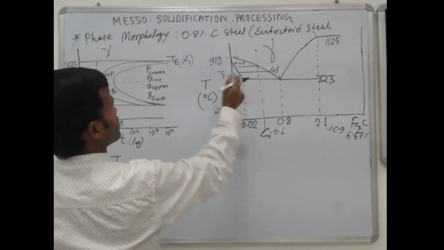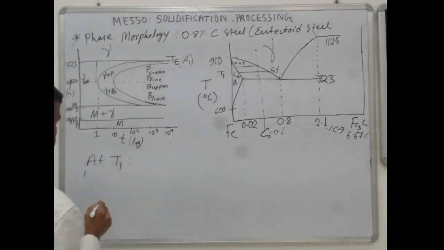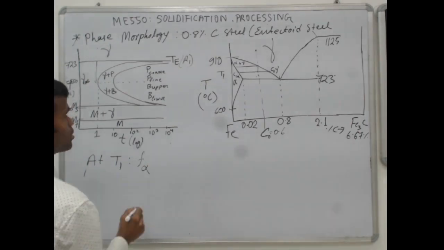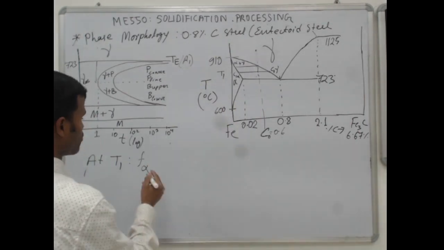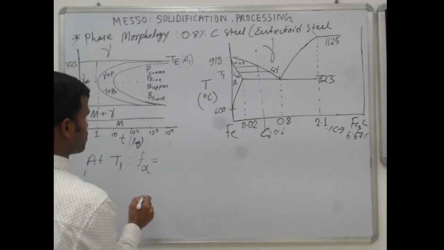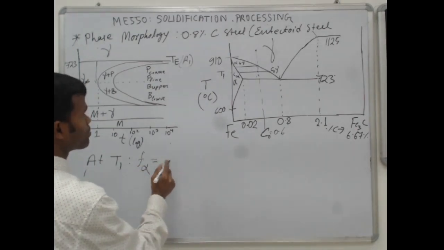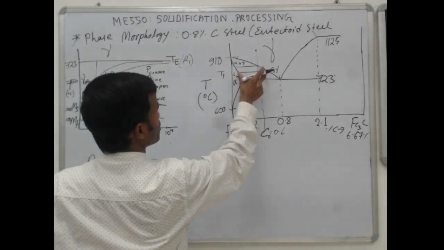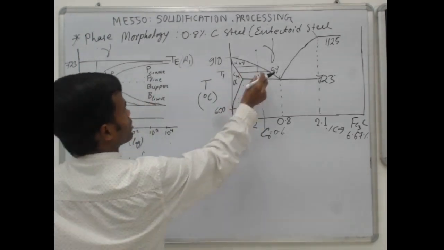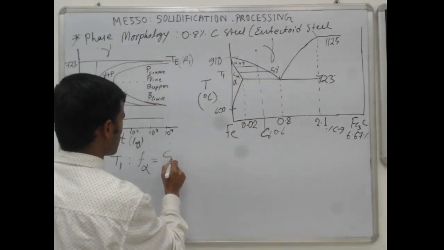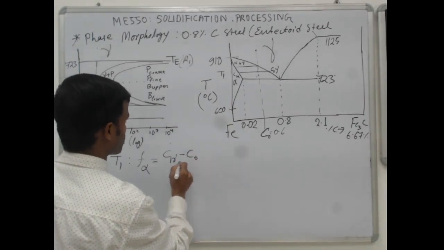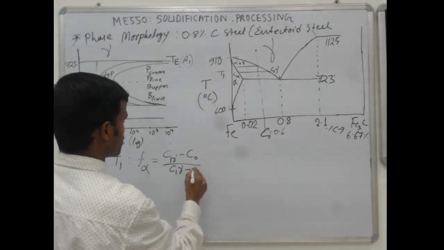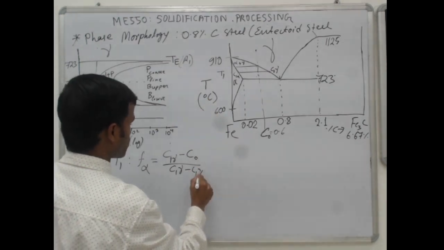Now at this temperature, what is the fraction of alpha, or austenite? How can you find it out? The fraction of alpha will be, if this is on this side, this by total, which means C1 gamma minus C0 by C1 gamma minus C1 alpha.